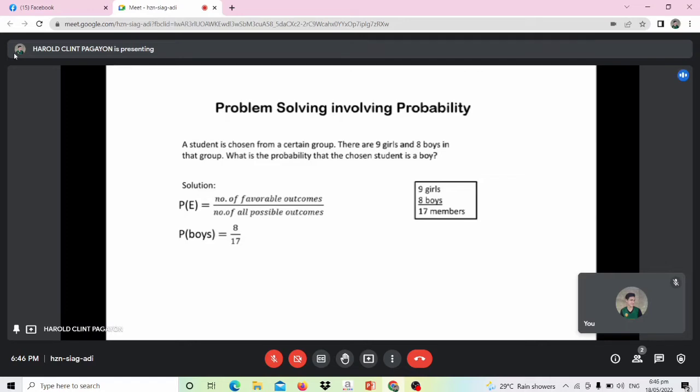Since we cannot simplify 8 over 17, this is now our final answer. So the probability of the boys is equal to 8 over 17.